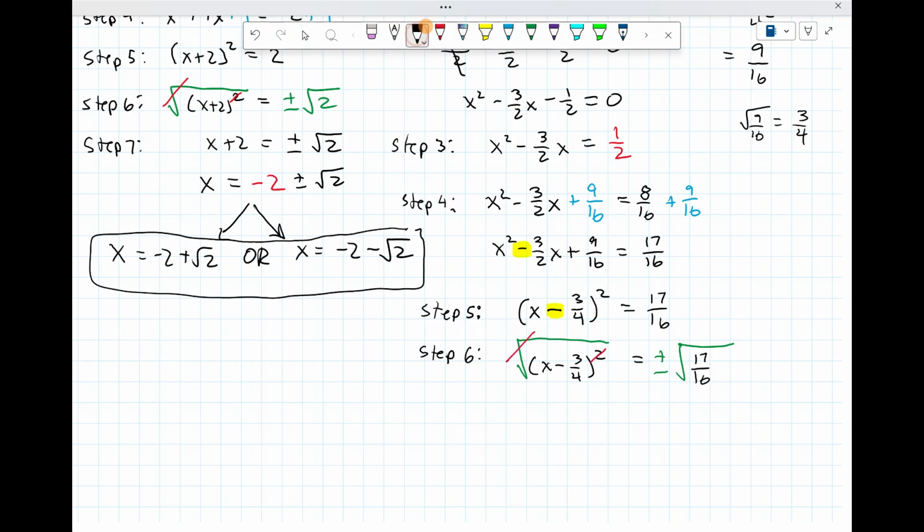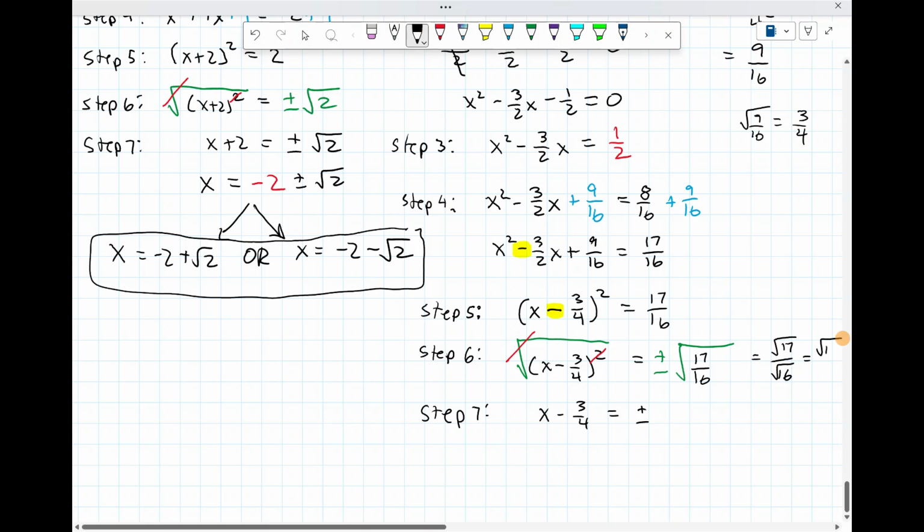On the left, now I'm just going to solve for x. On the left, I'm left with x minus 3/4 equals. On the right, I'm left with plus or minus the square root of 17, which is really the same as the square root of 17 over the square root of 16, which is equal to the square root of 17 divided by 4. So I'm simplifying that.